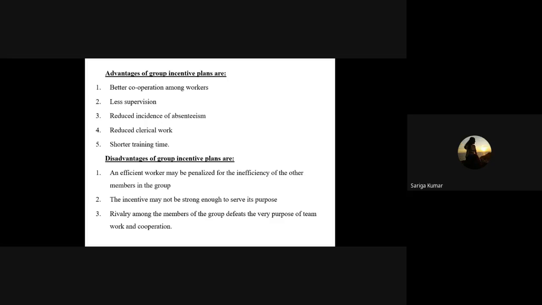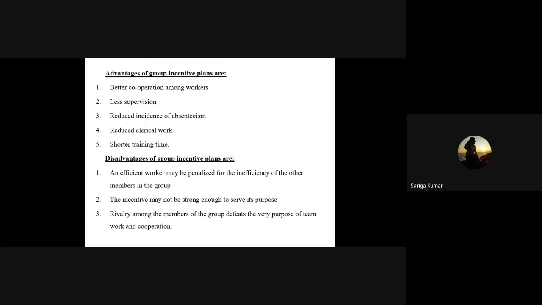The person who has contributed well and worked efficiently will also be penalized. So there are pros and cons, right? Sometimes the incentive those people get may not be strong enough to serve its purpose, where each member gets the same type of incentive. So the requirements of the people will keep changing.